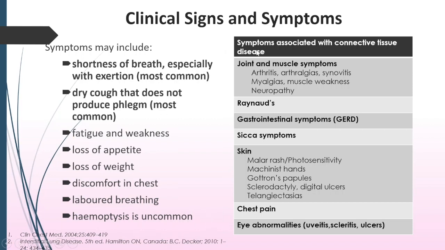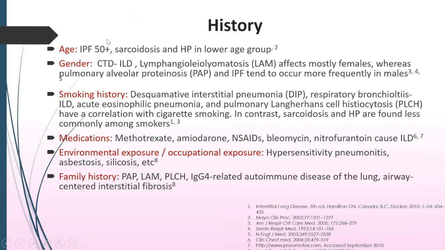Presence of extrapulmonary signs and symptoms like joint and muscle symptoms, Raynaud's, GI symptoms, sicca symptoms, skin involvement, eye abnormalities, these point to a coexistence of connective tissue diseases. So these are important to recognize from patients' history and by examination so that a search for the underlying connective tissue disease can be done. So history is extremely important to start with.